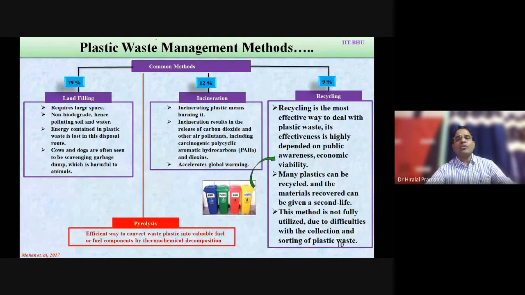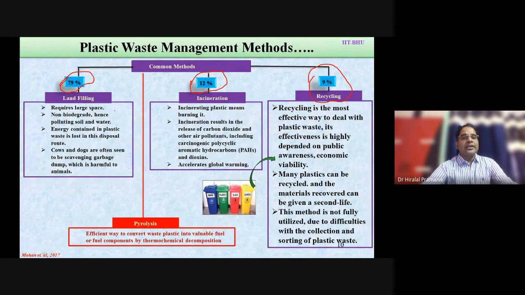Now, plastic waste management: what are the common methods adopted? Landfilling, the largest amount, 79%. Combustion, just burn it and reduce the waste, incineration. And only 9 to 10% is recycled, as I told you already.